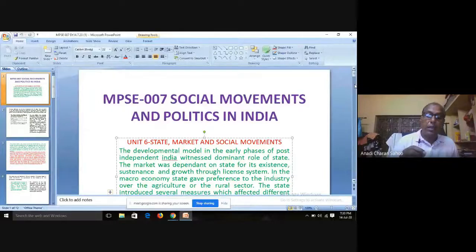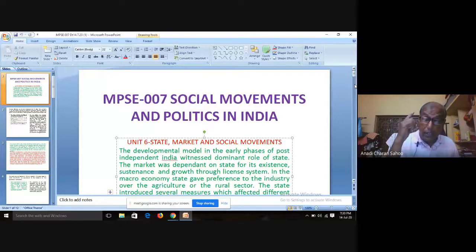The foundation of economic policy in India was prepared by the first Prime Minister of India, Pandit Jawaharlal Nehru.